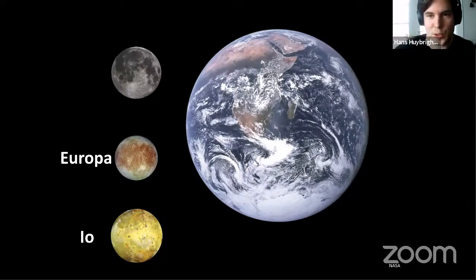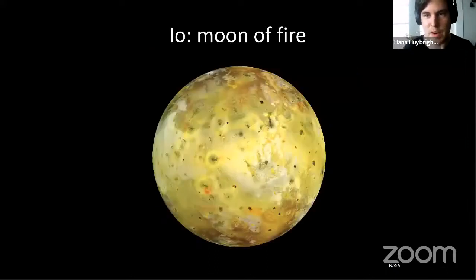And let's go to the first one, Io, the moon of fire. So I call it the fire moon because it has a lot of volcanoes. Actually, it's the most volcanically active object in the solar system. And its whole surface is full of volcanoes. All these specks and rings that you can see everywhere, those are volcanoes. I'm going to make that even more clear with another picture.